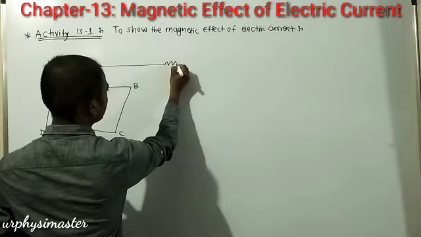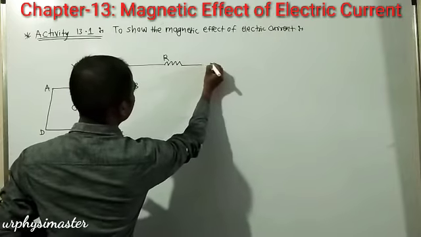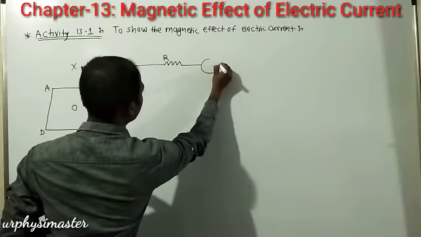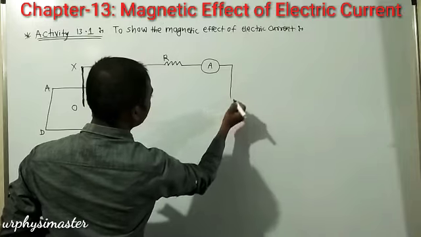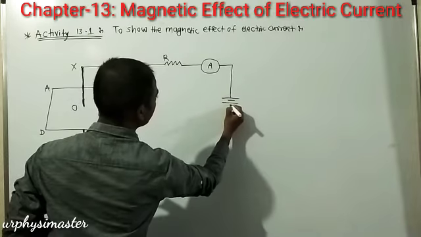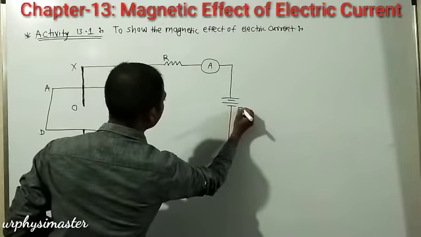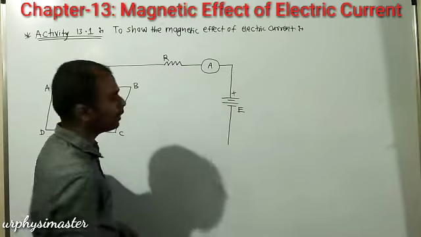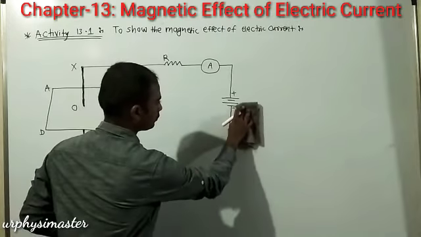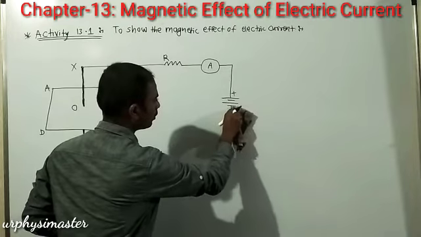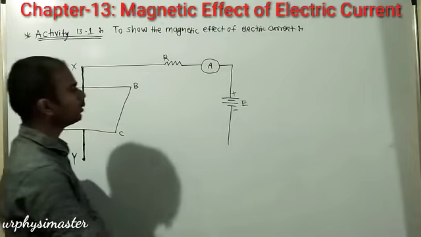Here is a resistor, capital R, then here is an ammeter, capital A, then we connect a battery in the circuit, that is capital E. This is the positive terminal and this is the negative terminal of the battery, capital E.